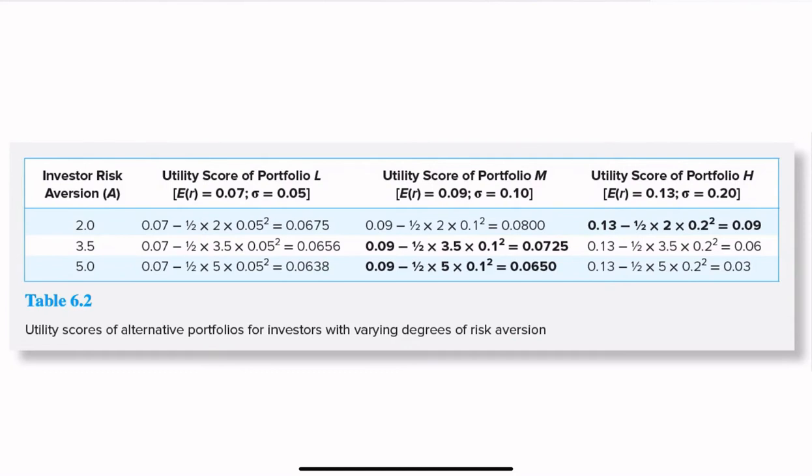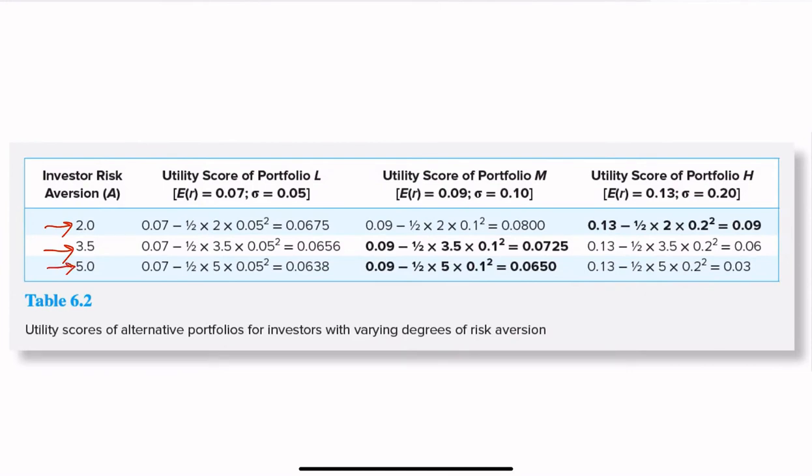So let's say we have 3 investors. And these investors all have positive risk parameters. So this means they're all risk averse. However, they have different levels of risk aversion. The first guy has a parameter of 2, the middle guy has 3.5, and the last guy has 5.